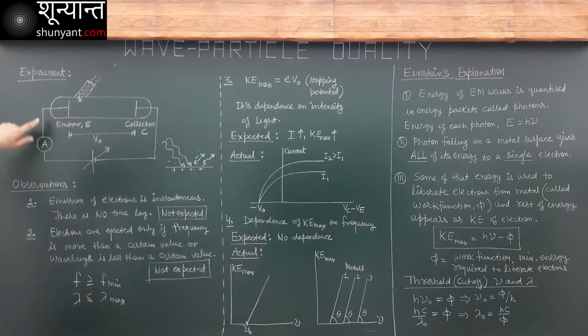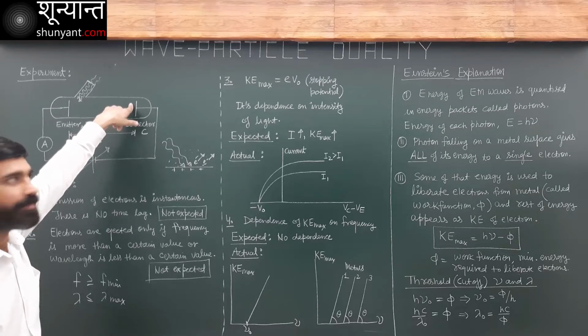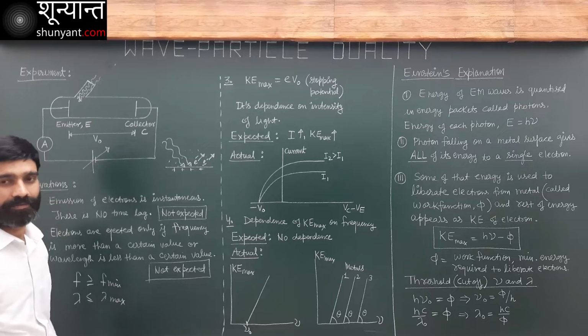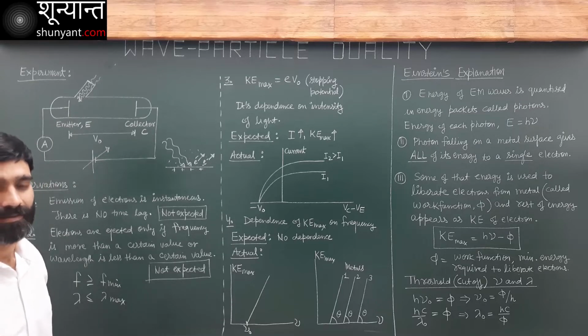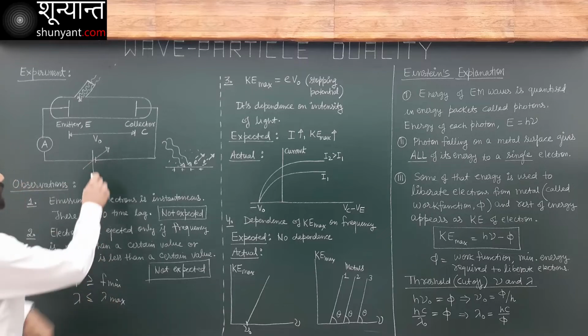Now, what we do is we keep this plate at positive potential, and this one at negative. This is a variable potential.